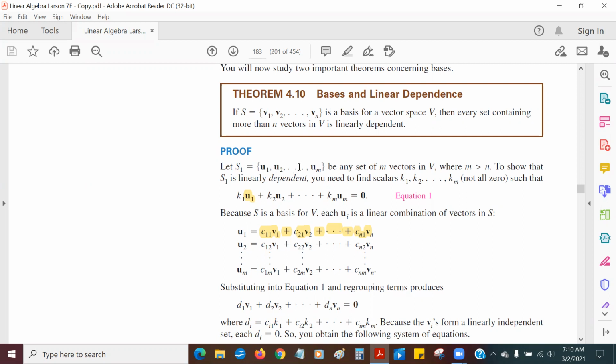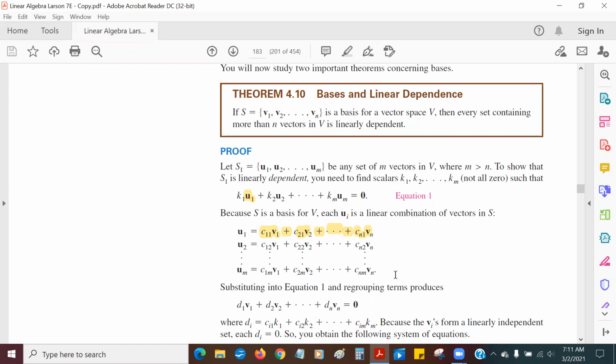We're just saying that S1 is a bunch of vectors, and it's more than I have in the basis. Anyway, we're going to express U1 as a linear combination of the V vectors from the basis. U2 is expressed as a linear combination, UM is expressed as a linear combination, and so on and so forth.